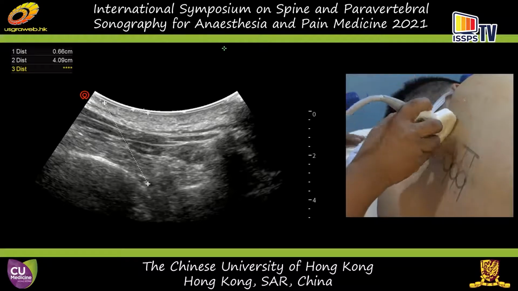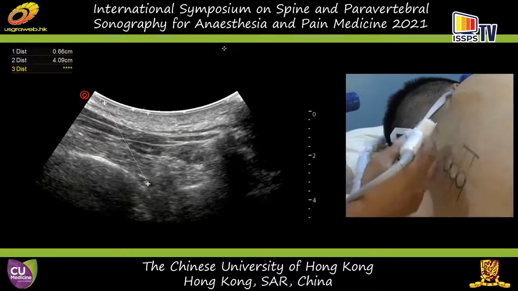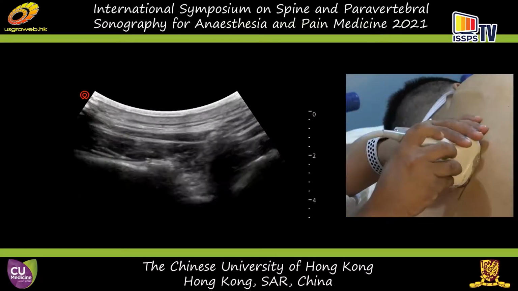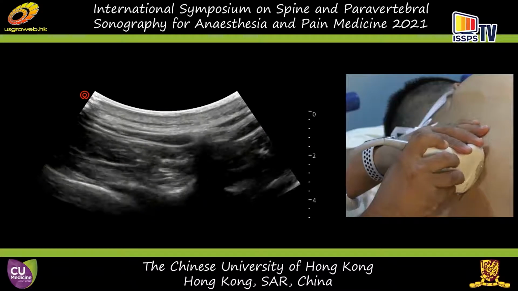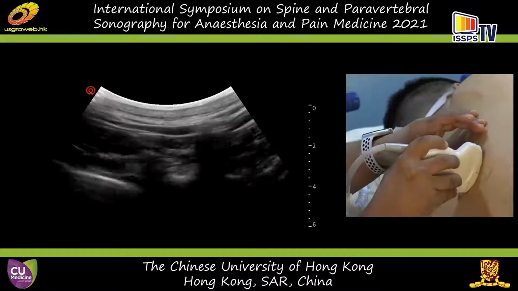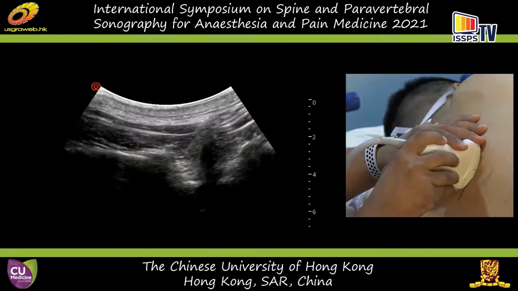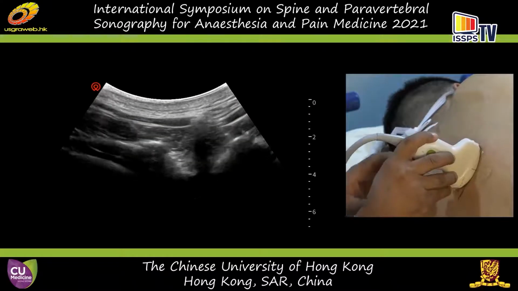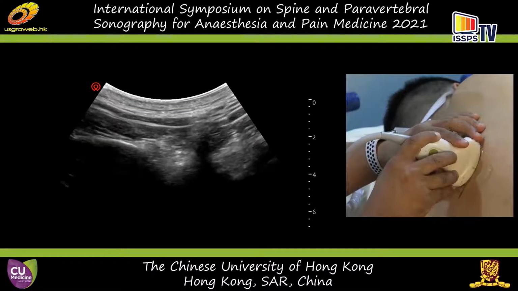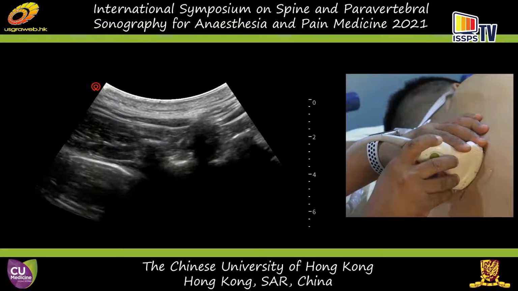Okay, now let's go back to, so this is about paravertebral scan. I just want to show you that the paravertebral anatomy in the lower part may appear slightly different. You will see here the paravertebral space appears much wider. This is one of the lower spaces, probably T8, T9, or maybe lower. So this is your first window. If I go to the transverse process, you are now seeing the apical part of the paravertebral space.